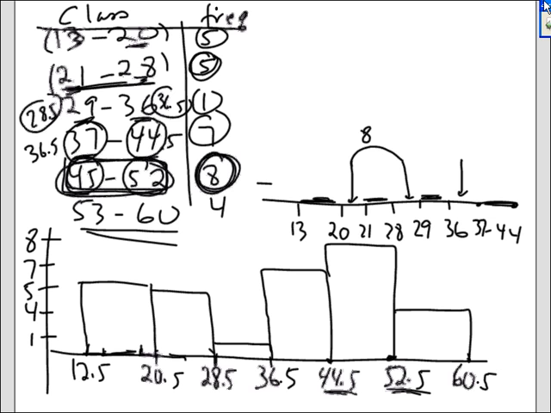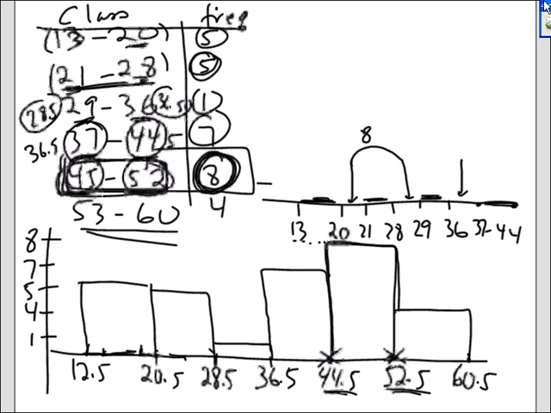I already numbered the bottom. Well, 44.5 is just below 45, and 52.5 is just above 52. I'm concentrating on this one, and my frequency is 8. So I go up to a height of 8.